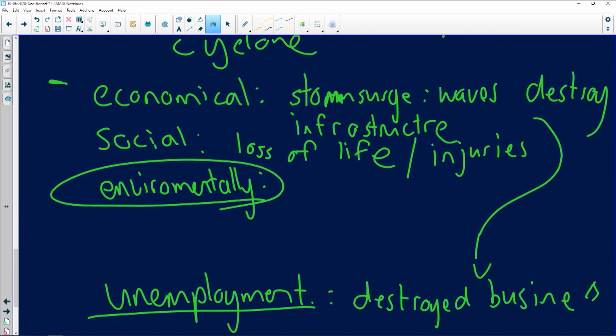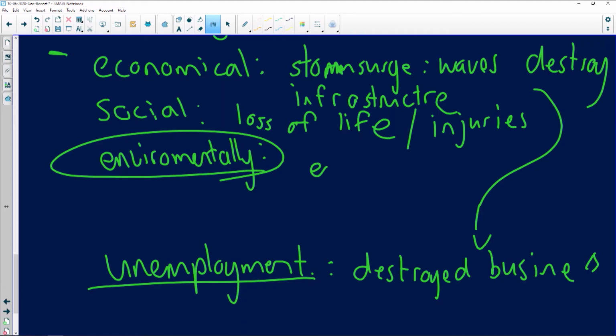So we can also have a look at it environmentally. What can it cause environmentally? What damage can it do to the environment? Now think of a storm surge, wave bashing against the coastline. First of all, erosion.